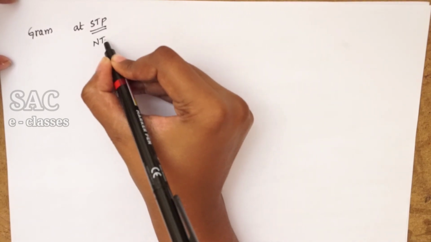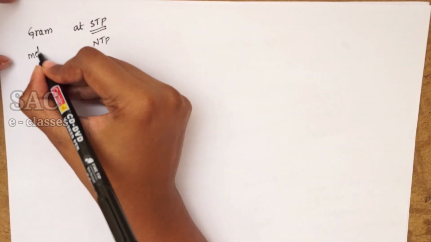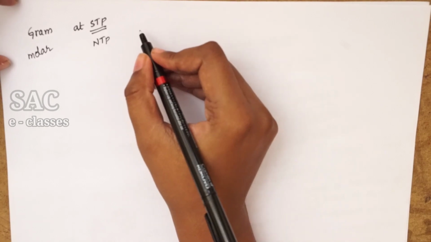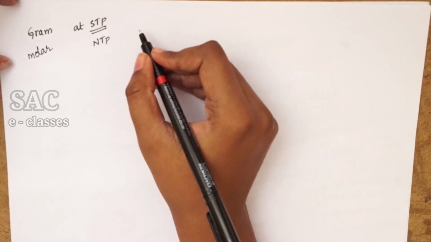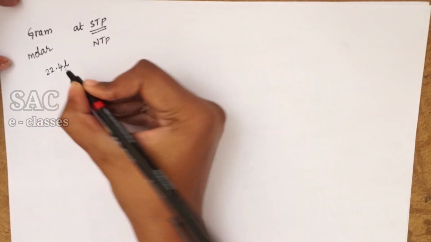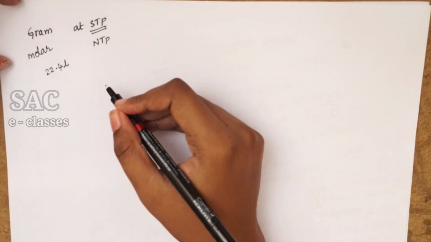NTP means normal temperature and pressure. The volume occupied by 1 mole of gas is 22.4 liters. We call that the gram molar volume.